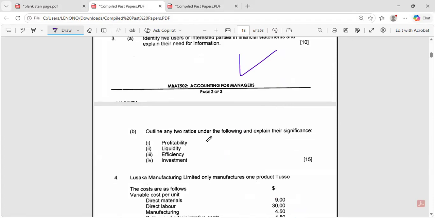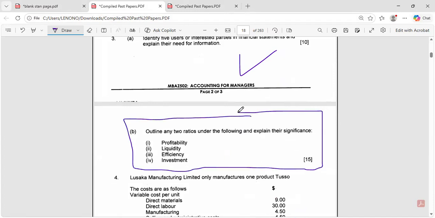Now let's talk about part B. Outline any two ratios here in profitability. Any two ratios under each of the following, and explain their significance.